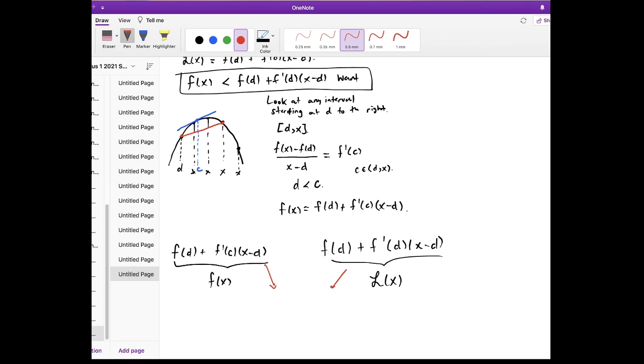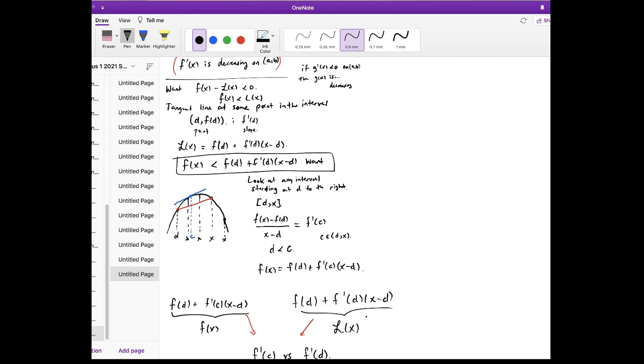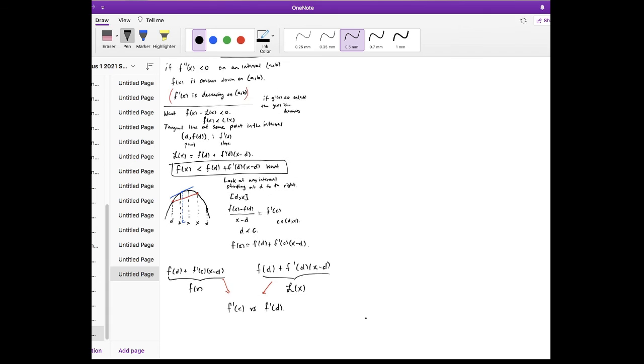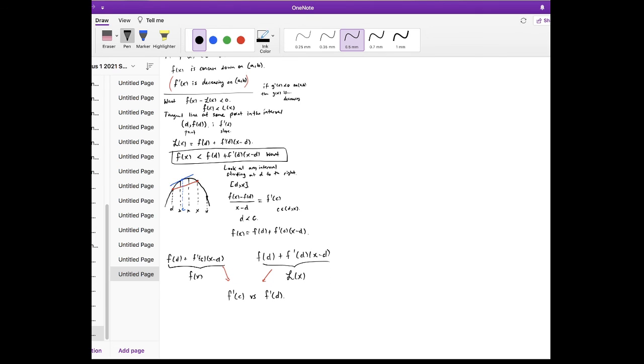Right. Only difference is f prime of c versus f prime of d. Which one's bigger? And how do you know? What haven't we used yet that I said we probably need to use? Yes, why is f prime of d bigger?